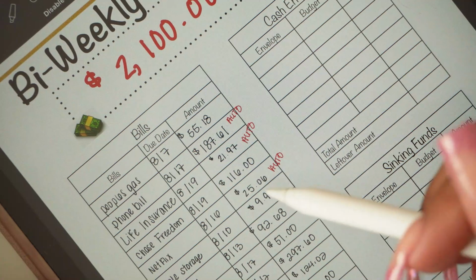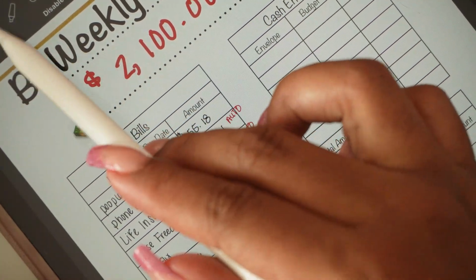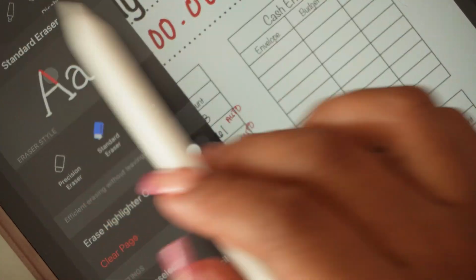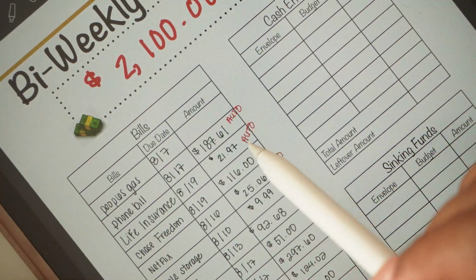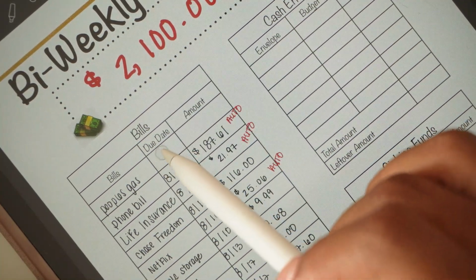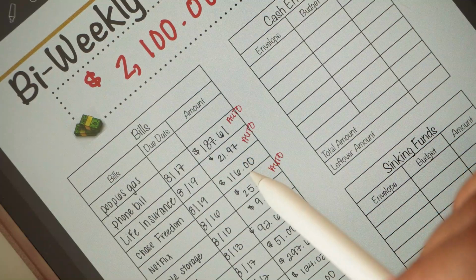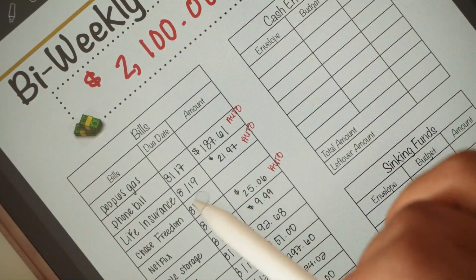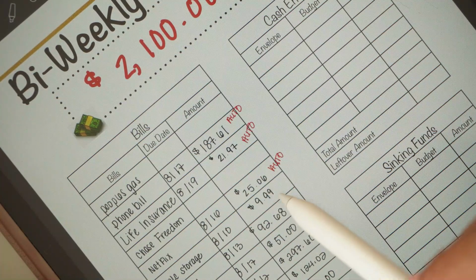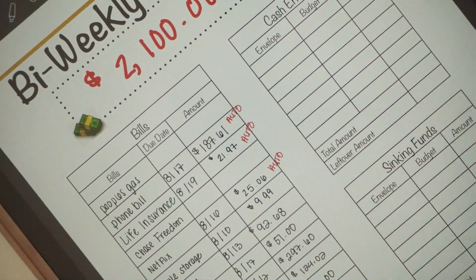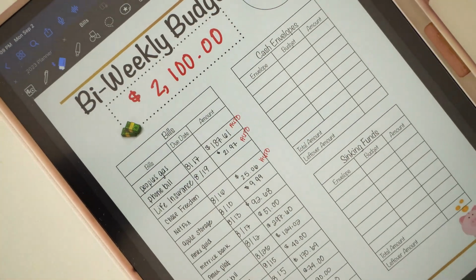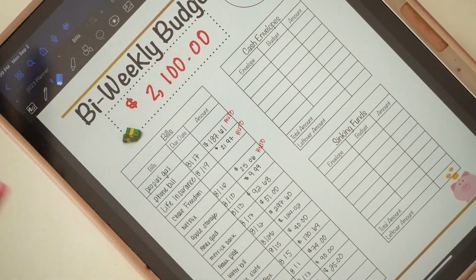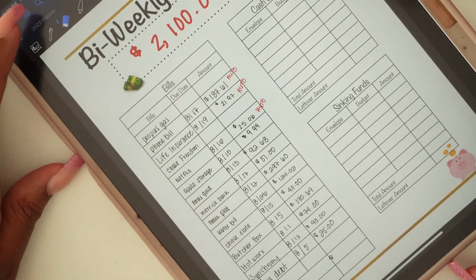So first we're gonna erase all the highlighter, and then I'm gonna go back and erase the amounts and the due date unless it's auto. That's also auto. Then I'm gonna zoom out a little bit more so we can see the rest.